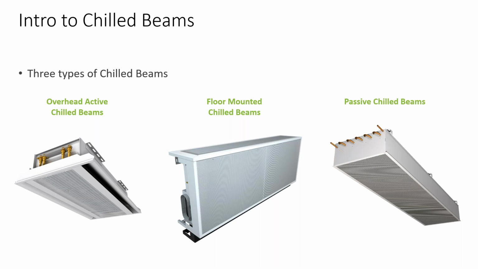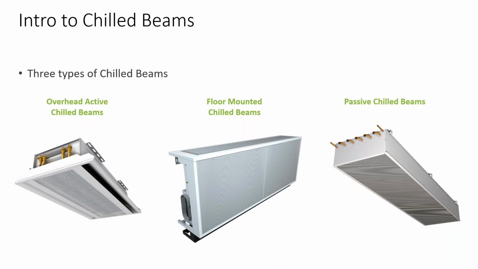Then there are floor-mounted chilled beams. This unit is really neat in that it creates a displacement-style airflow in the space. As you can see in that oval-sized geometry inlet, you still have that primary or ventilation-only air running through the building and connecting up to that unit, and then the induction through the coil pulls in the room air and creates the rest of the air changes in the space.